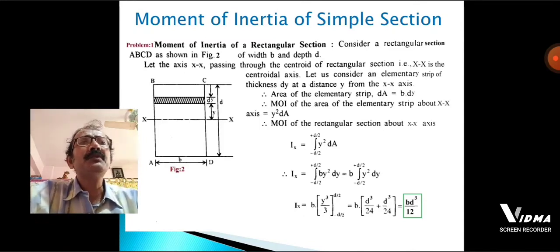Now the total moment of inertia of the rectangular section about the centroidal axis, the xx axis, is Ix equals the integration of y square dA, and the limit is minus d by 2 to plus d by 2. Putting the value of dA, Ix equals b into y cube by 3, and putting the limits minus d by 2 to plus d by 2, finally bd cube by 12.